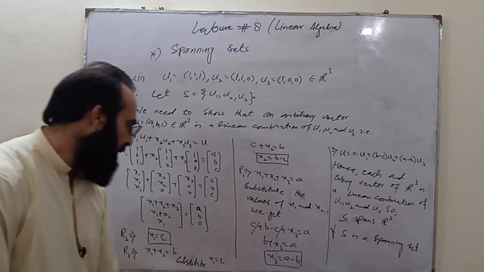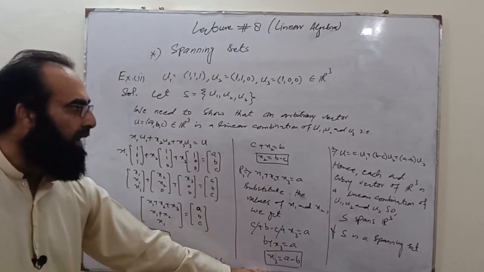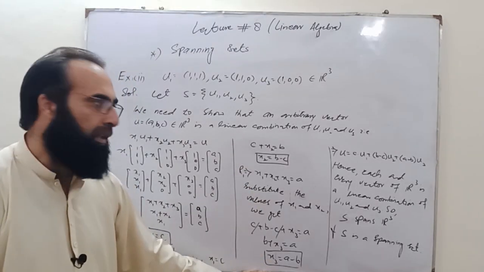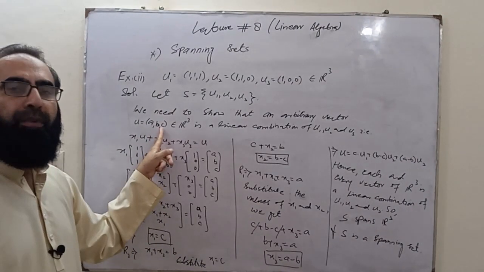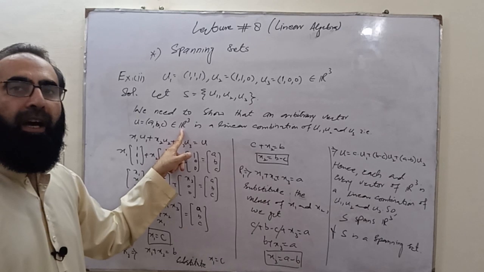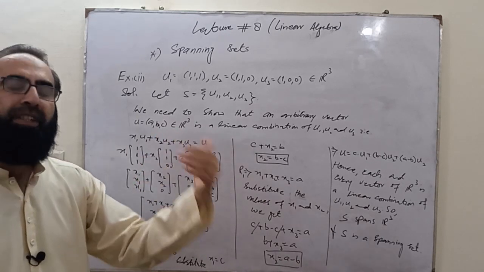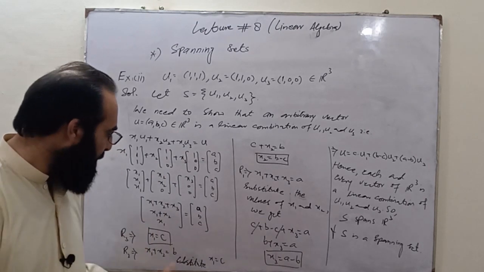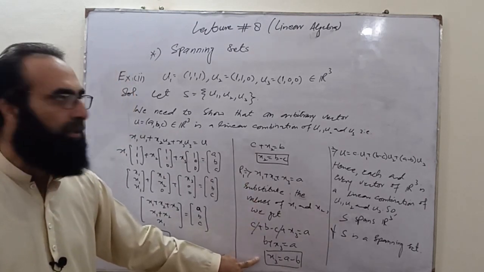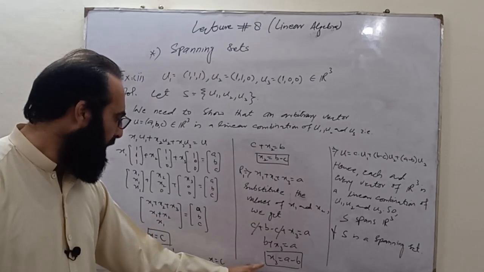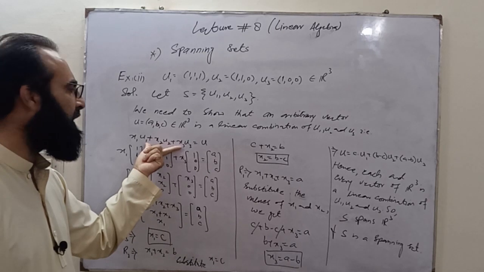Now look at the values of x1, x2, and x3. These are finite numbers because a, b, c are the components of this R cube, meaning a, b, c themselves are real numbers. So x1, x2, and x3 are also real numbers. Now put all these three values in this equation.